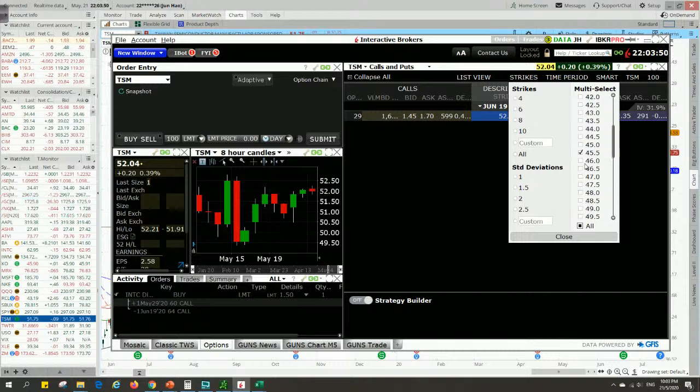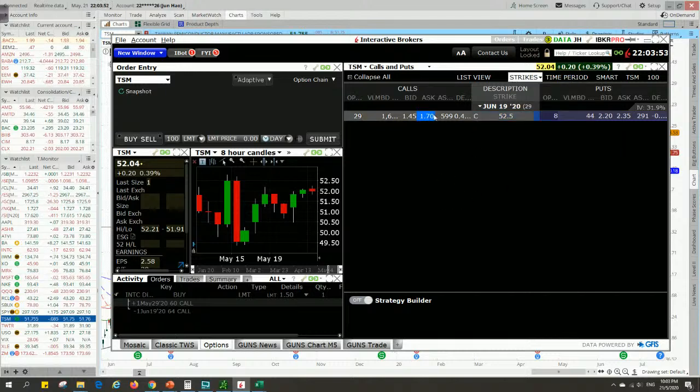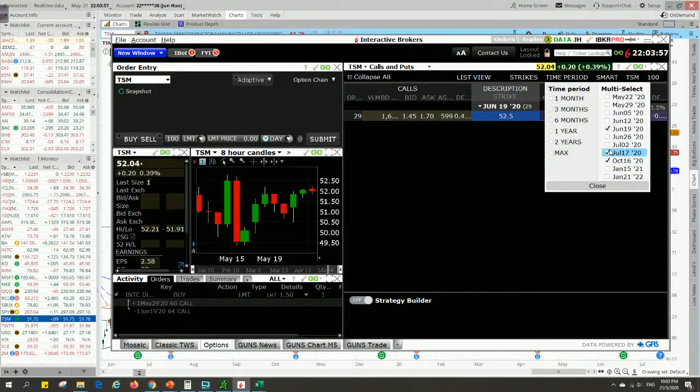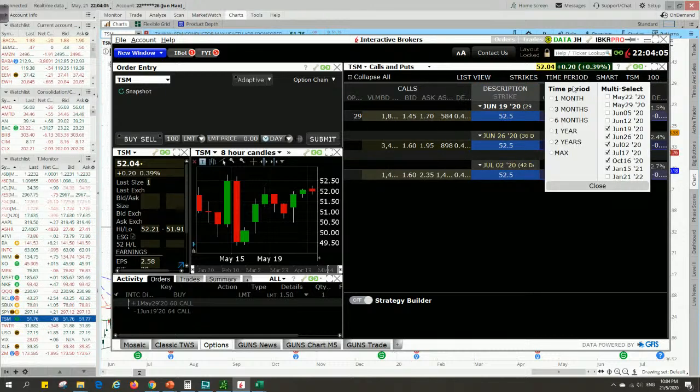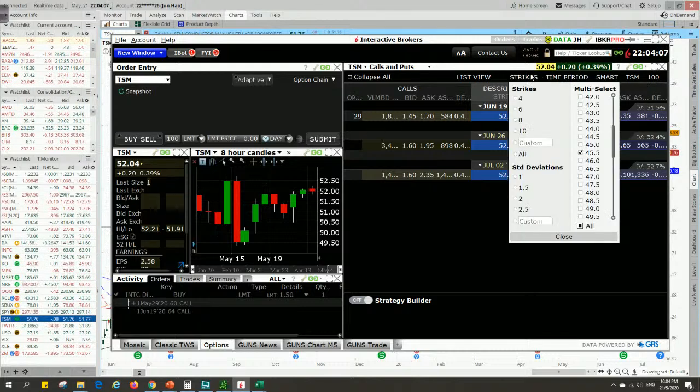Right, something is not right. It's not displaying. Oh, all right, I clicked on the wrong strike. That's why.